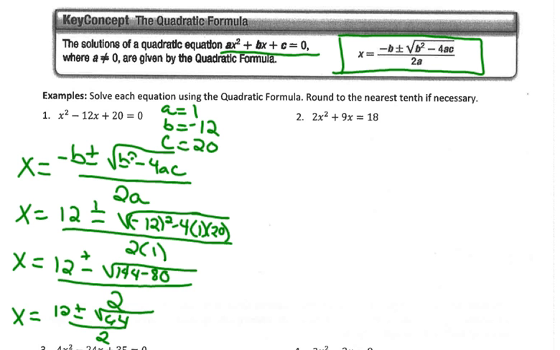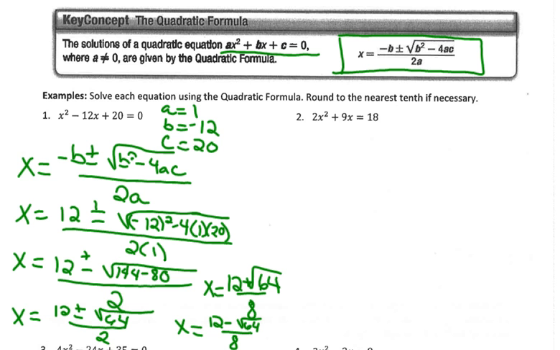So we now have 2 equations, and again, we're trying to find our values for x, the solutions, the roots, the zeros, whatever you're going to call it. So I now am going to have my 2 equations: x is going to be 12 plus the square root of 64 over 2, and x is 12 minus the square root of 64 over 2.